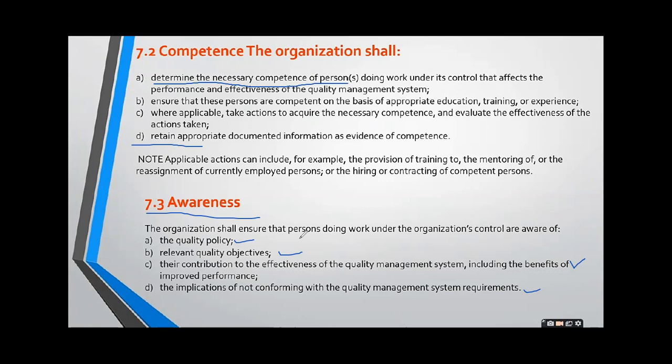Part C is the contribution to the effectiveness, where you will make everyone aware of how their individual work contributes to the overall effectiveness of the QMS and the benefits of good performance. Last, part D is the non-conformance implications, where you will educate the personnel about the potential consequences of failing to comply with the QMS requirements.